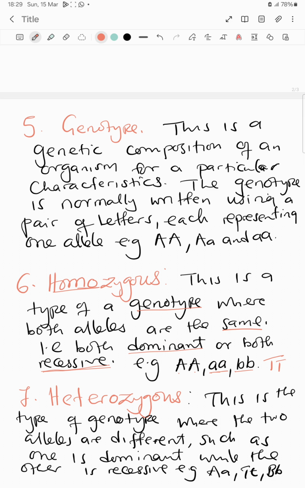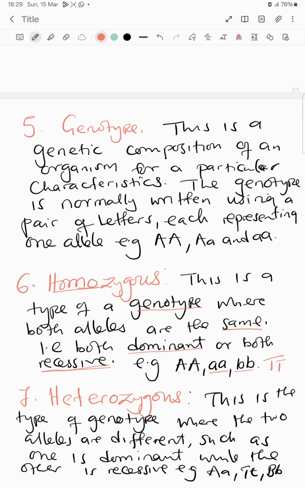So if the two capital letters are the same, that is homozygous, and it is homozygous dominant. Are we together? If the letters are small, and they are two and the same, we say homozygous recessive. Remember, dominant uses capital letters, recessive uses small letters.